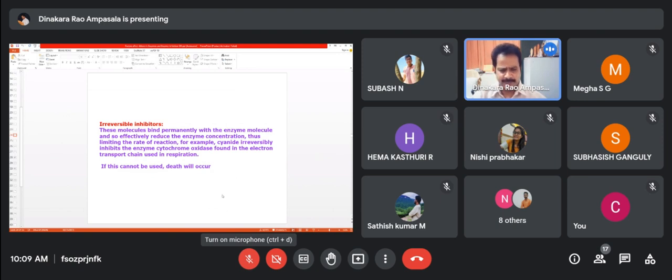That's why, if you see those people who took cyanide, it is not at all possible to revert back, to remove that inhibitor to get into normal condition. Okay, that is the problem with cyanide death cases. Very little success in these cases to revert the damage by the cyanide.